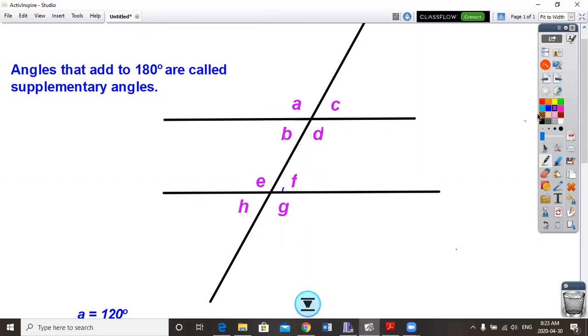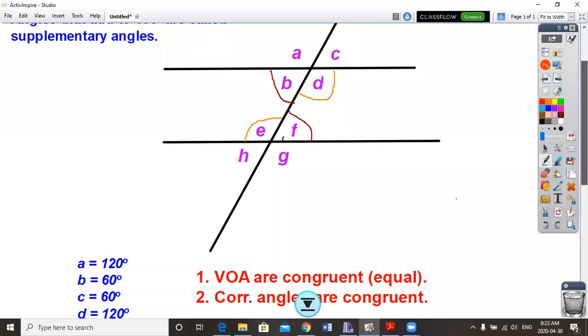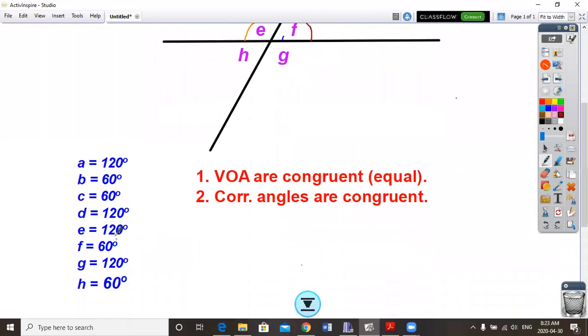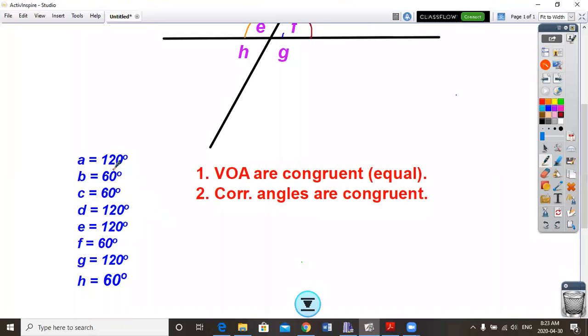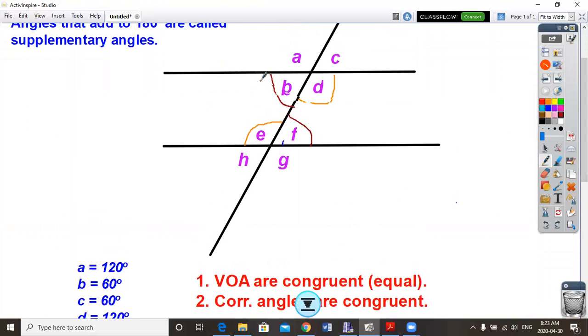So we have D is on the right, so then D is alternate interior to E, and B is alternate interior to F. So let's take a look at angles D and E. D and E are both 120, they're the same. And B and F, B is 60 and F is 60. They're also equal to each other.